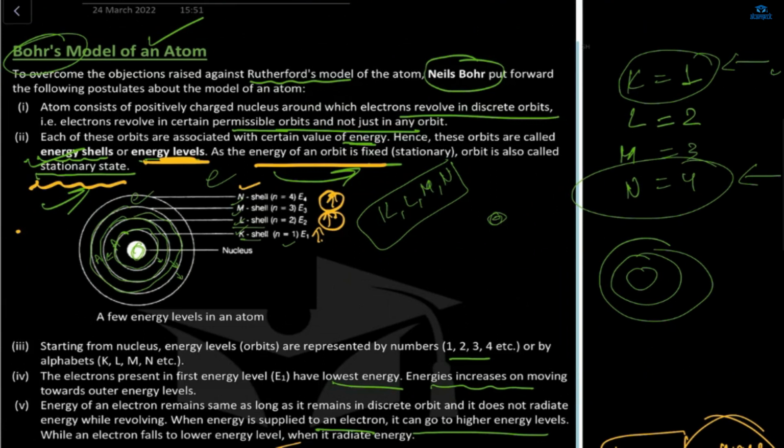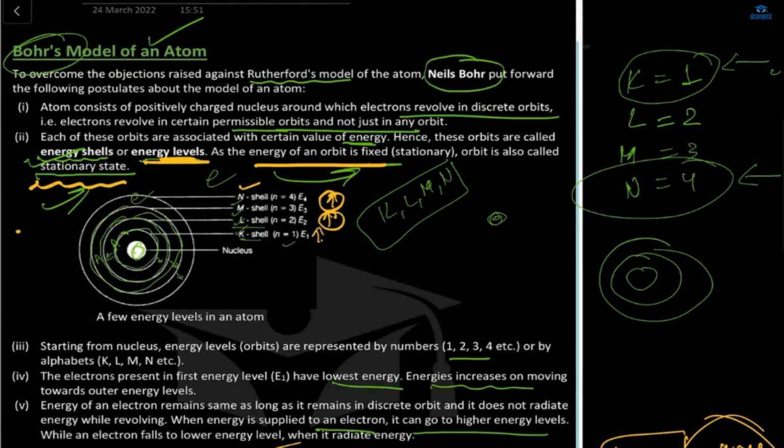So in this Bohr's model of the atom, first of all, it was proposed by Niels Bohr, and it was basically to get over the mistakes that were present in Rutherford's model. The first point is that the atom consists of a positively charged nucleus in the center, positive because there are protons present in it, and electrons revolve around the positively charged nucleus in specific orbits.